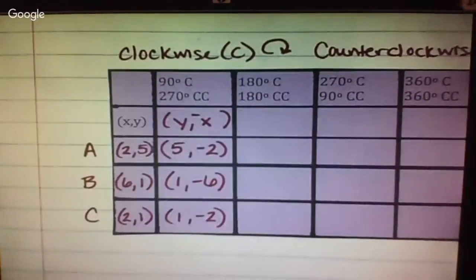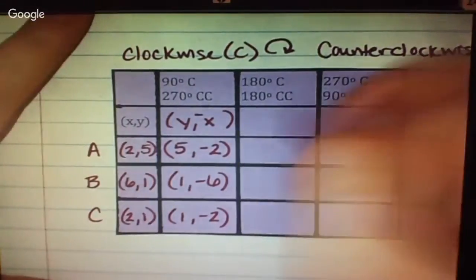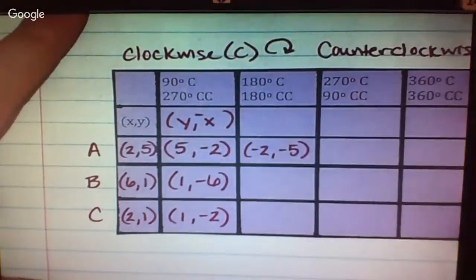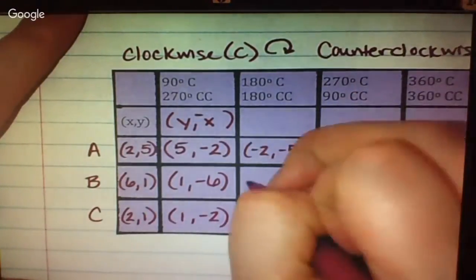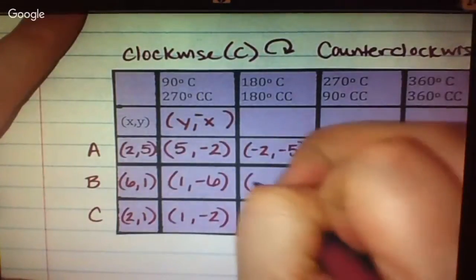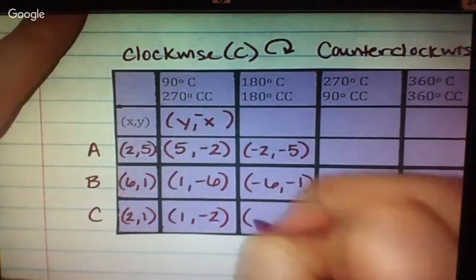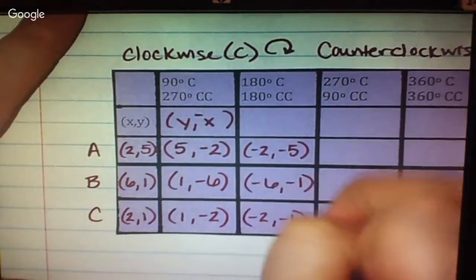So now that I'm 180, where is A? Negative 2, negative 5. Where is B? Negative 6, negative 1, and C is negative 2, negative 1.